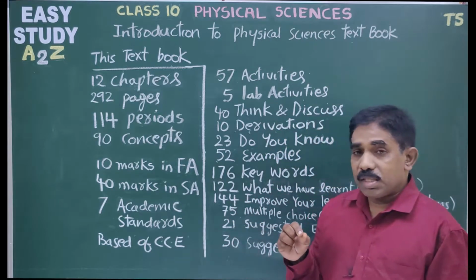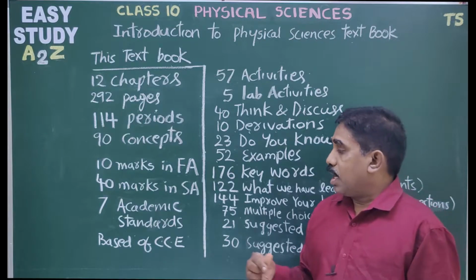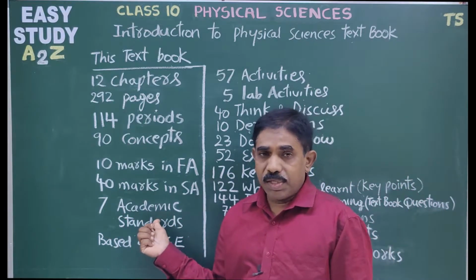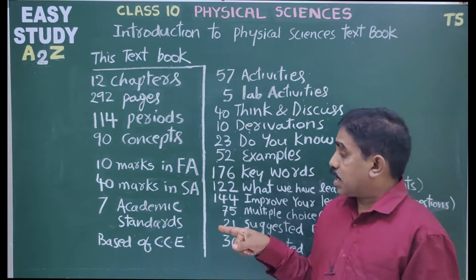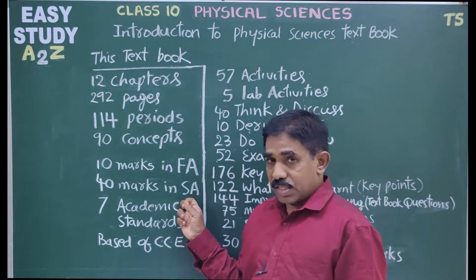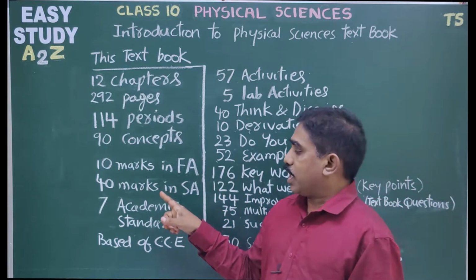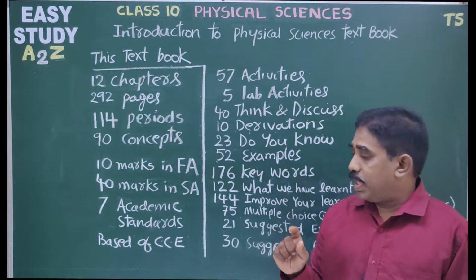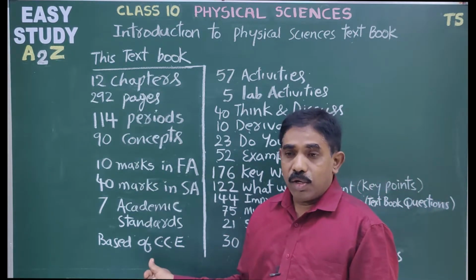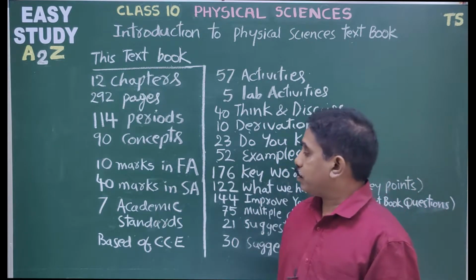The subject matter is designed based on the 7 academic standards. That means the authors have followed 7 academic standards prescribed in the physical science textbook, and based on them they have written the textbook, which is completely based on the CCE, continuous and comprehensive evaluation methodology.